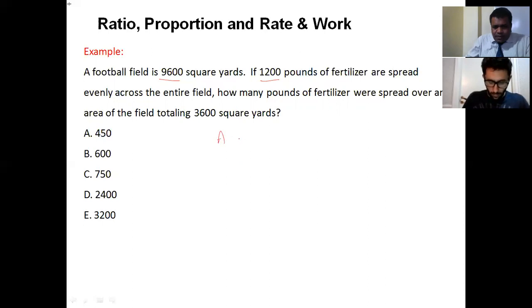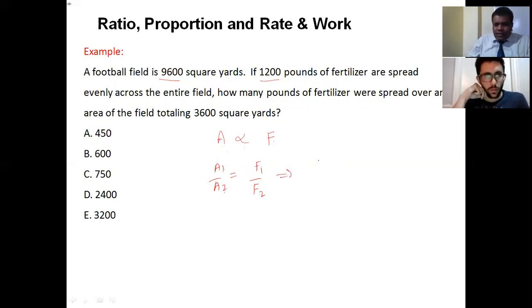So area is directly proportional to fertilizer. We can say A1 by A2 is equal to F1 by F2.